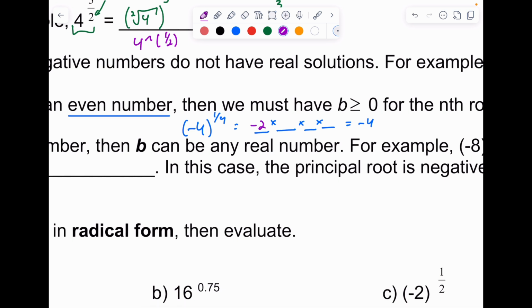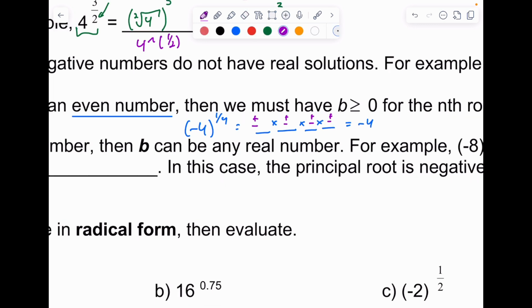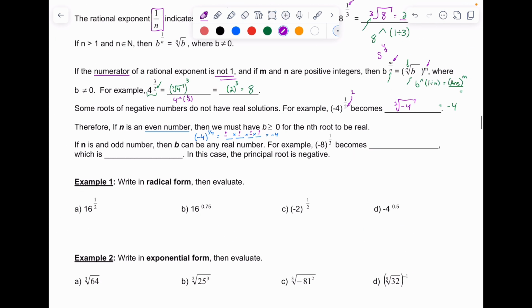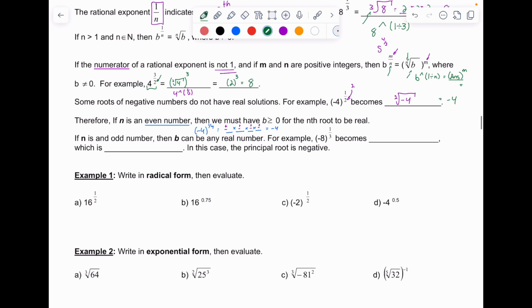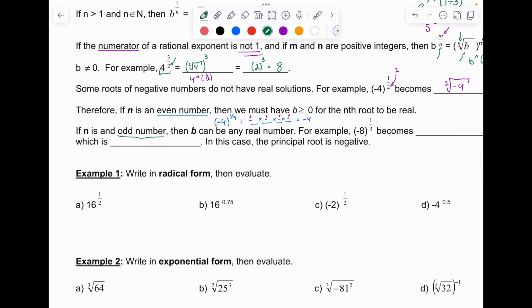If I put any combination of negatives or positives, right? This number would always end up positive. So the fact that I am asking you to evaluate a negative, you can't do it, okay? So you cannot take an even root of a negative number. However, you can do it for an odd number.